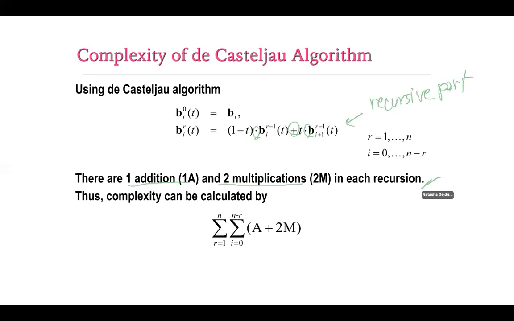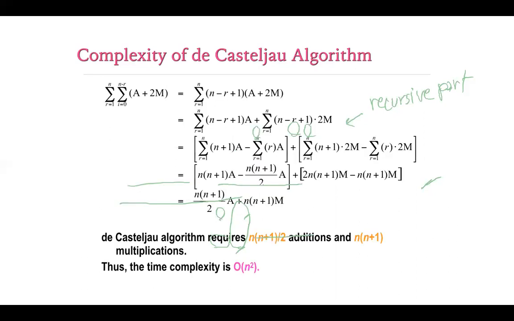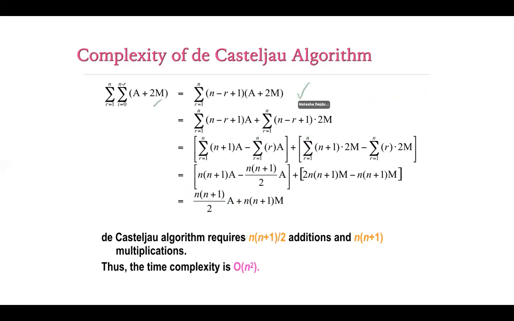So in this complexity, that is the inner loop, you will have i from 0 to n minus r, and in the outer loop, r from 1 to n. And then you have one addition plus two multiplications. We can expand it to this and to this. I'm not going into detail about this.